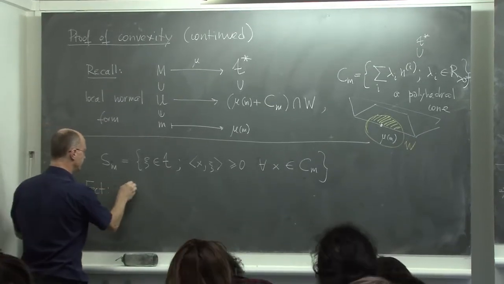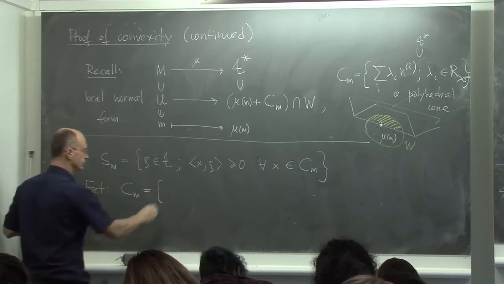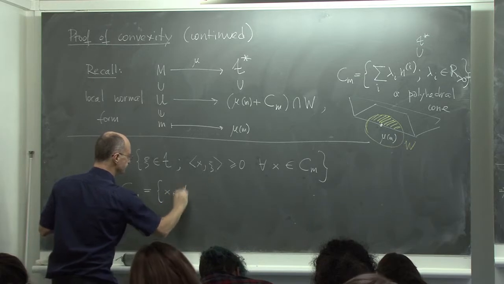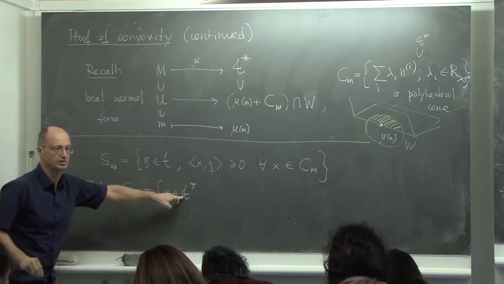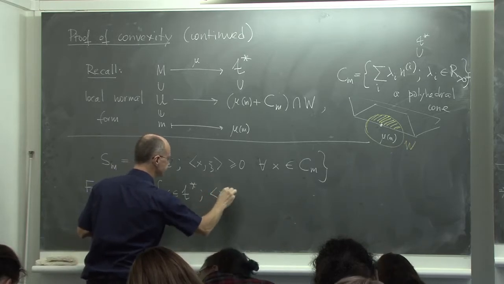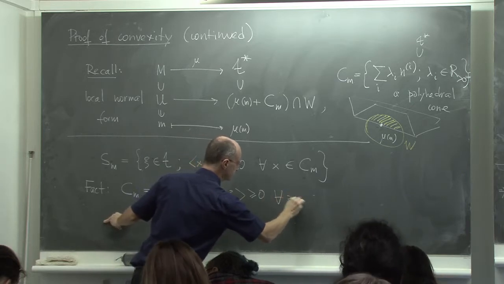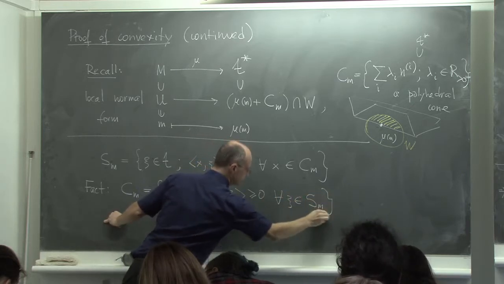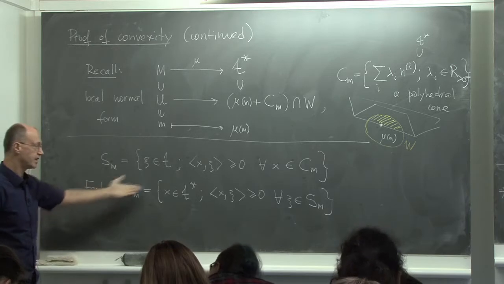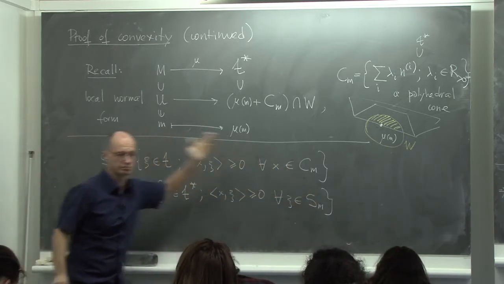It's easy to see that Cm is now actually equal to the set of x's in T star such that the duality of x with psi is greater or equal to 0 for all psi in Sm.